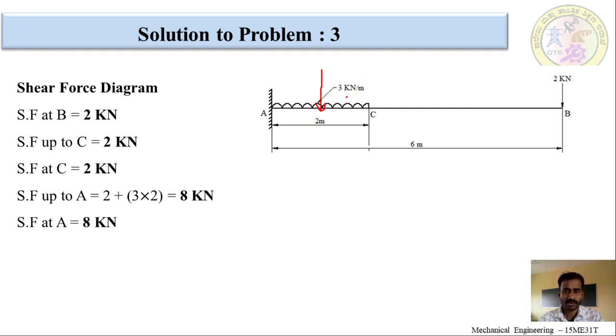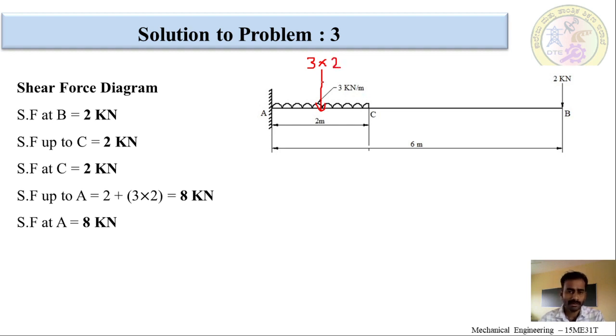After replacing this UDL, it acts at the center of its length, that is at the center point of the 2 meter, 1 meter from the fixed end. The equivalent load of the UDL is the value of the UDL multiplied by the length. So, it is 3 kilonewton per meter, and for 2 meters we multiply by the 2 meter length, that is 3 into 2.